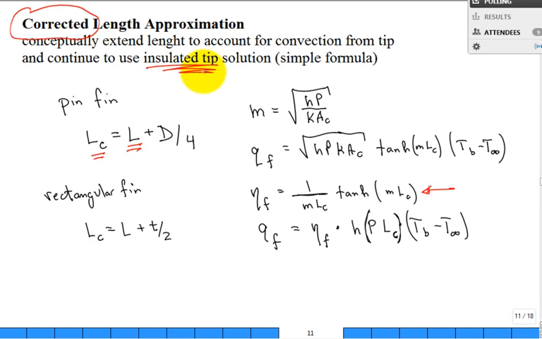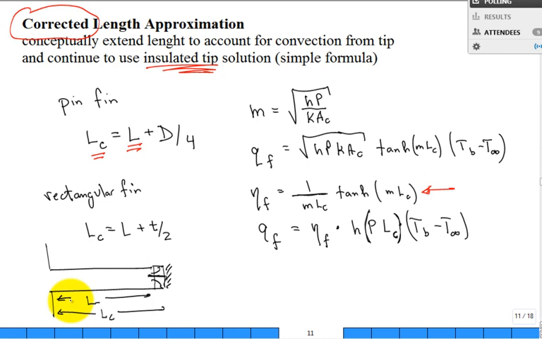Well, if you have convection off the tip, as a budding little good engineer, you might want to think about that problem may be mathematically harder. What I'll do is I'll conceptually cut it. I'll flip this up a little bit, make it a little longer, flip this down, and then put insulated. So instead of using my actual physical length, I'll use a little longer length, where for my rectangular fin, the added length is the half thickness cut in half.